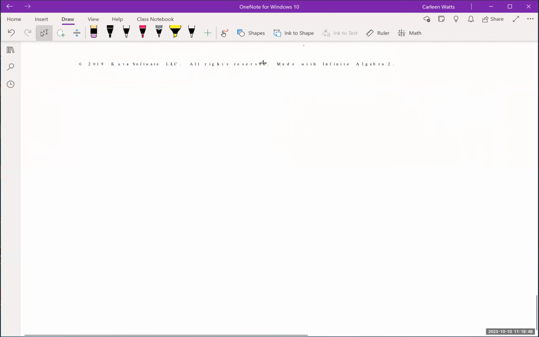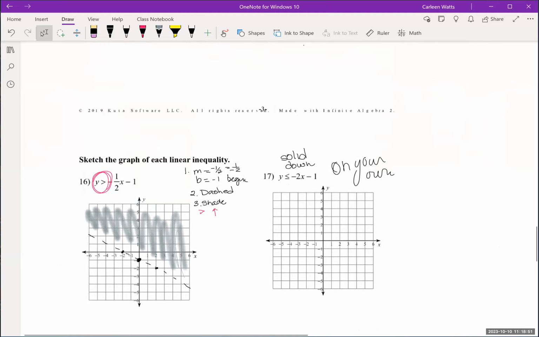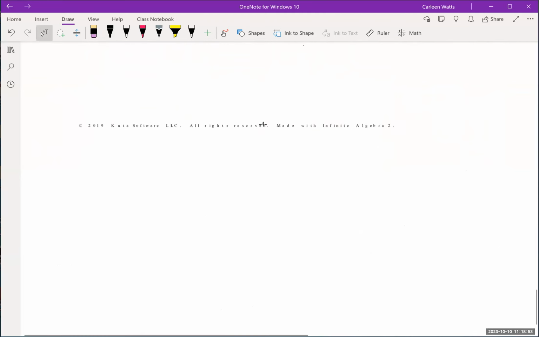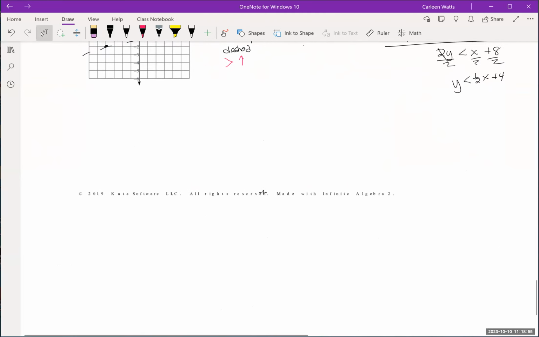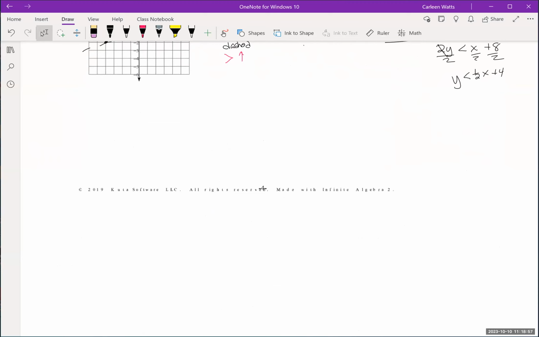Where's 19? 19 is not on here. Okay, what's going on? Anyway, we're gonna do 19. Does your packet have 19? Okay. I don't know what happened. 19 disappeared. We're gonna do 19 together. So add 19. It looks like the packet does not have 19.